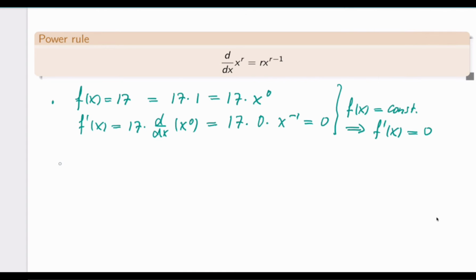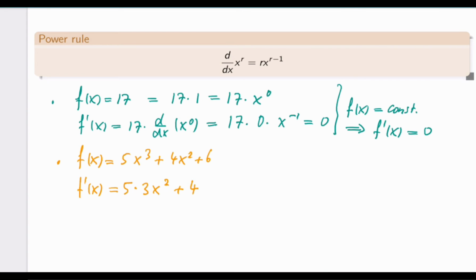And then one more example. So let's do a polynomial. Let's say f of x is 5x cubed plus 4x squared plus 6. And then the derivative is f prime of x. So 5 is a factor which I can leave. For x to the 3 I use the power rule. This is 3 times x squared.